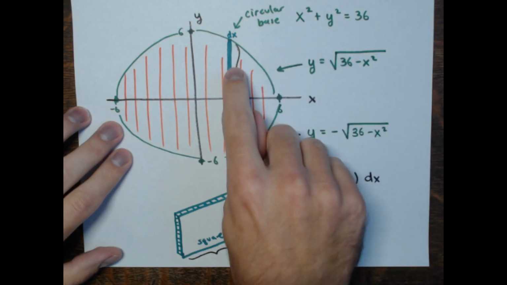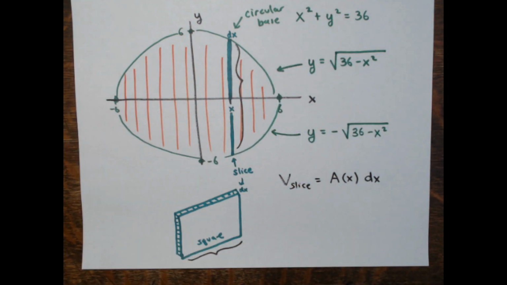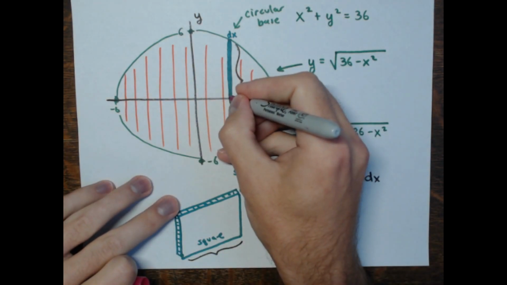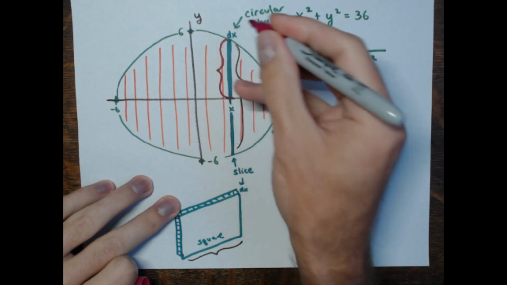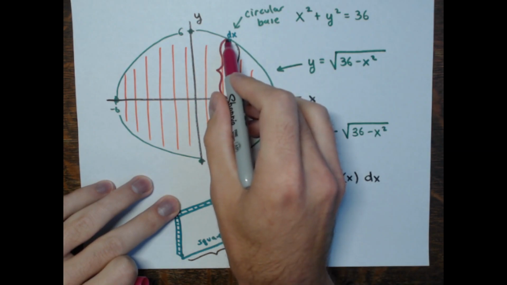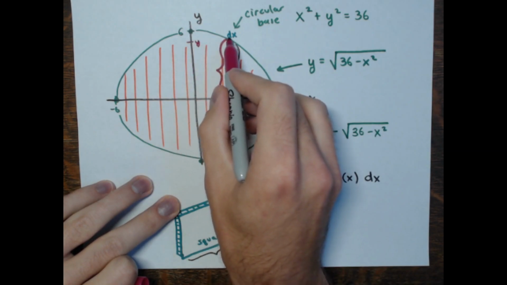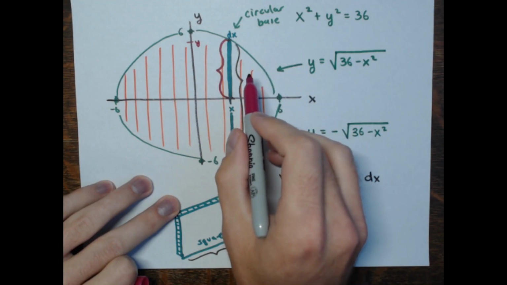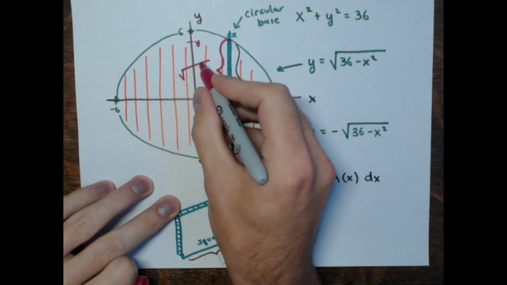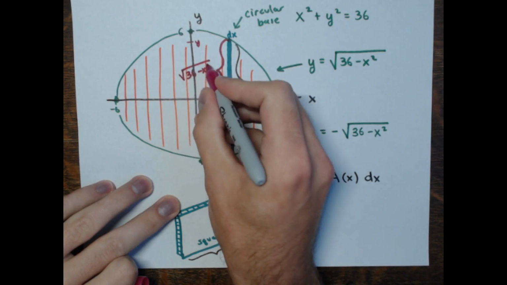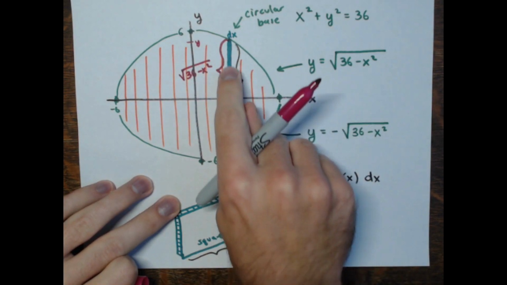So this distance here, just from the x-axis to the top, that's the y coordinate of that point on the curve. But if I want it in terms of x, that's the square root of 36 minus x squared from the x-axis to the top.